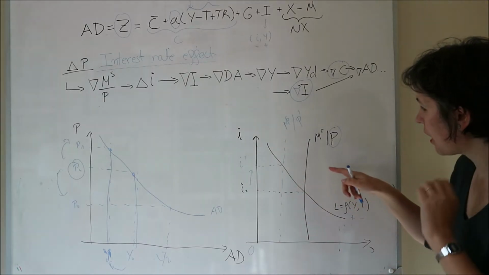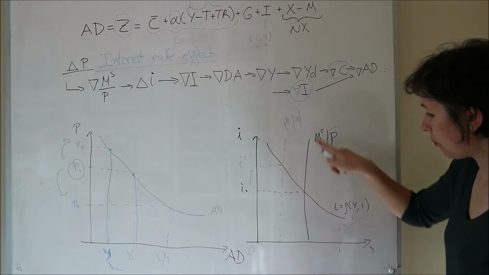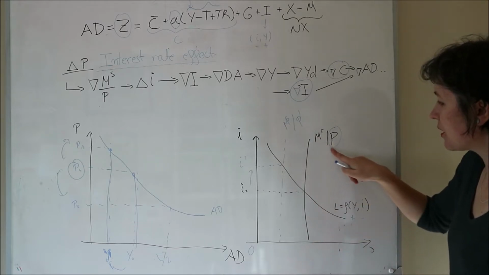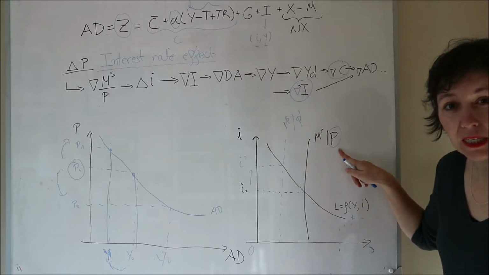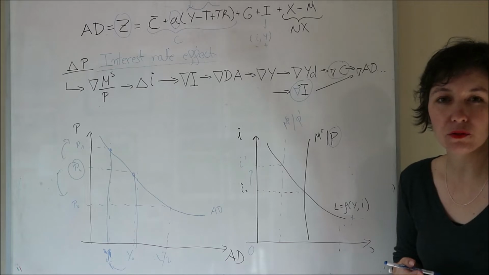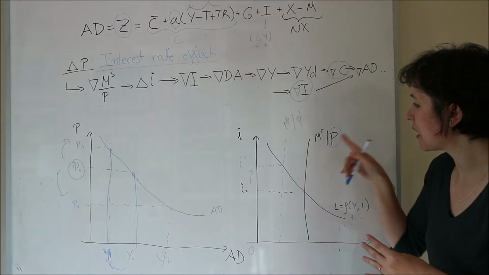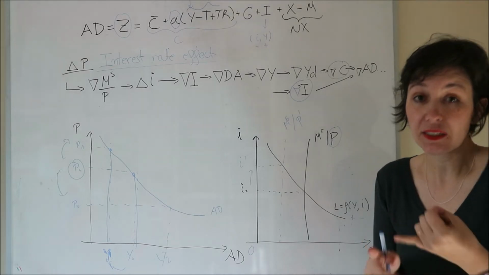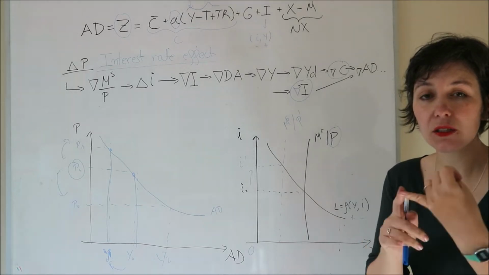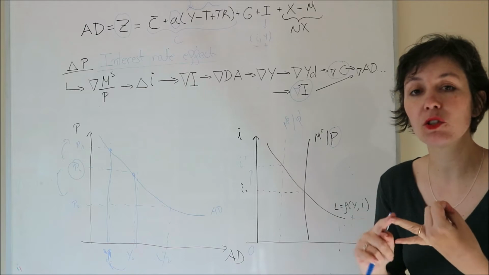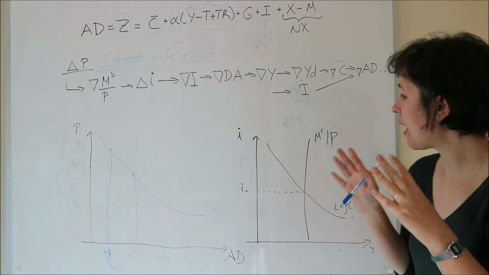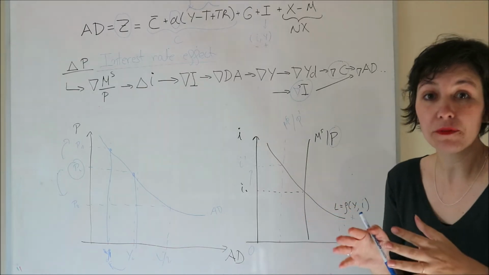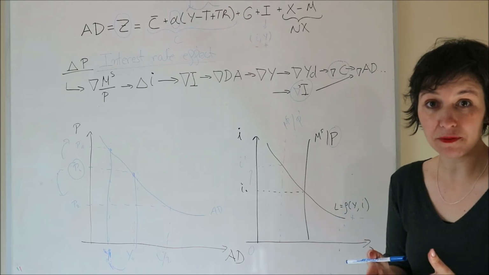Also here we have the supply, but as you can see, it's the real supply of money. Just to remind you, behind the money supply is the central bank decision. So we have the central bank, but also the private banks. Both of them are going to configure the final supply of money.